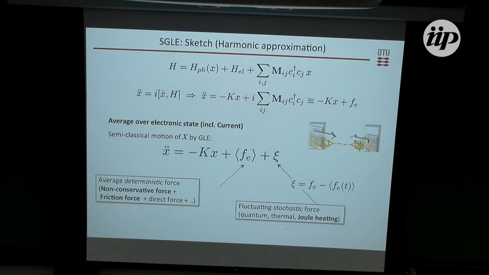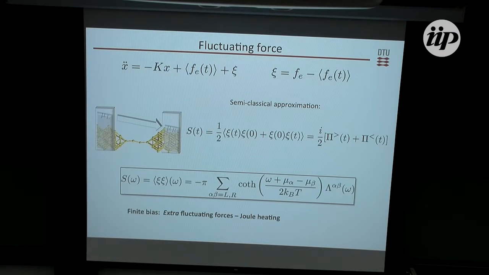And this will, of course, have some quantum fluctuation, thermal fluctuation, but most importantly, it will depend on bias and include the Joule heating. So the point I'm trying to make in this is that you get something which is kind of intuitive. You get that just the current is hitting the atoms, and you have these average forces.